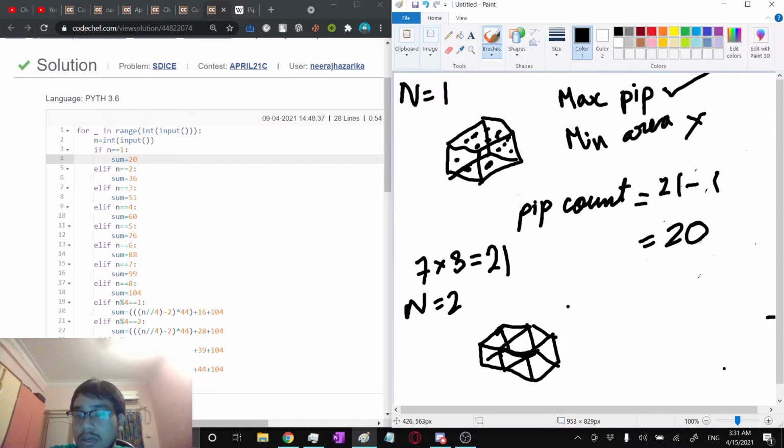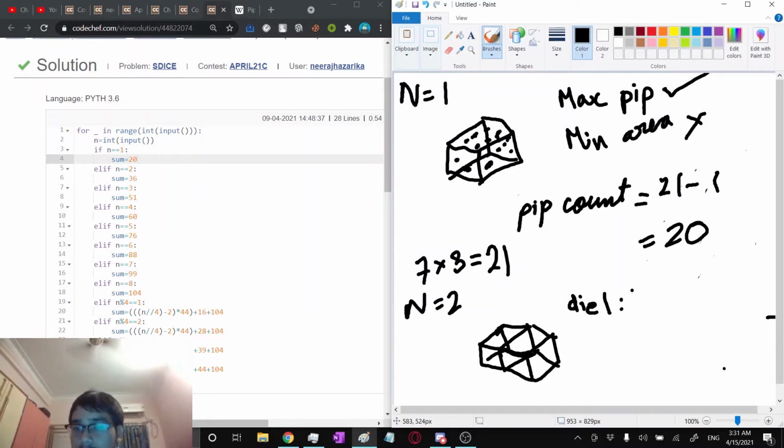So for 2 dies, die 1, if we sort the pips in descending order, it would be 6, 5, 4, 3, 2, 1. For die 2, we sort it in descending order similarly.